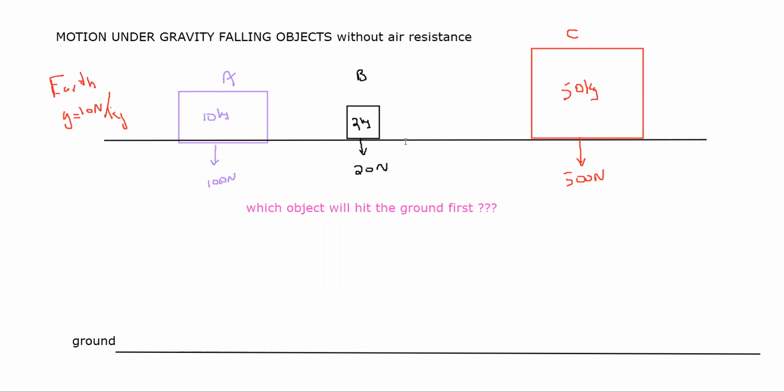Without air resistance, when you drop the objects from the same height, actually what happens is they all will hit the ground at the same time.